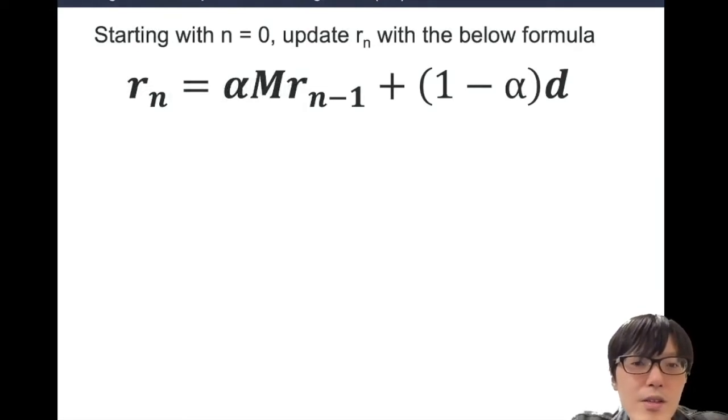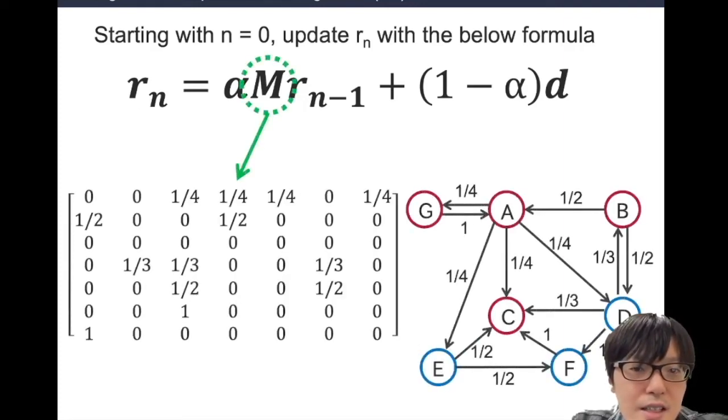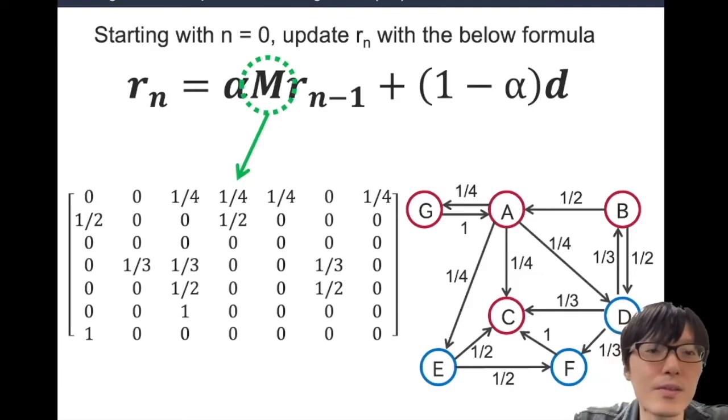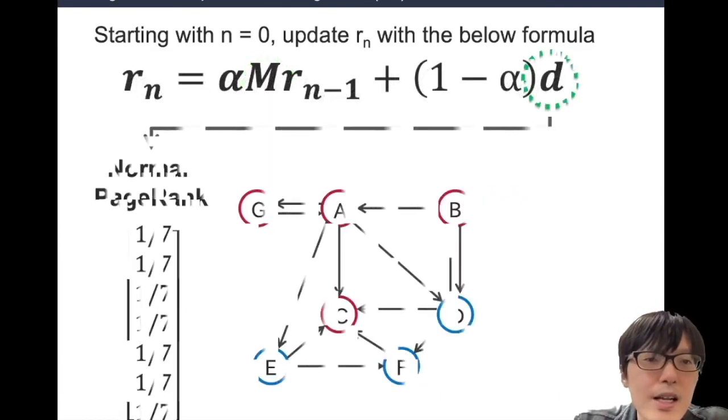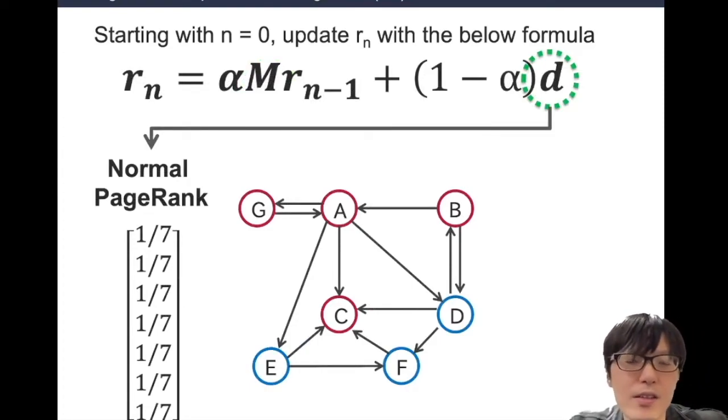So we modify the normal PageRank formula slightly, like this. This formula on this slide comes from the normal PageRank. The first factor is related to a transition matrix. This factor is the same as the factor of the original PageRank. But the second factor is modified in the topic-sensitive PageRank.